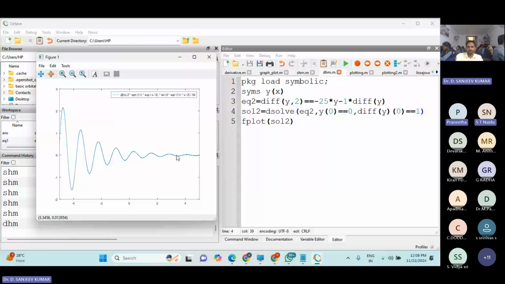So I can tweak around the value of damping factor.